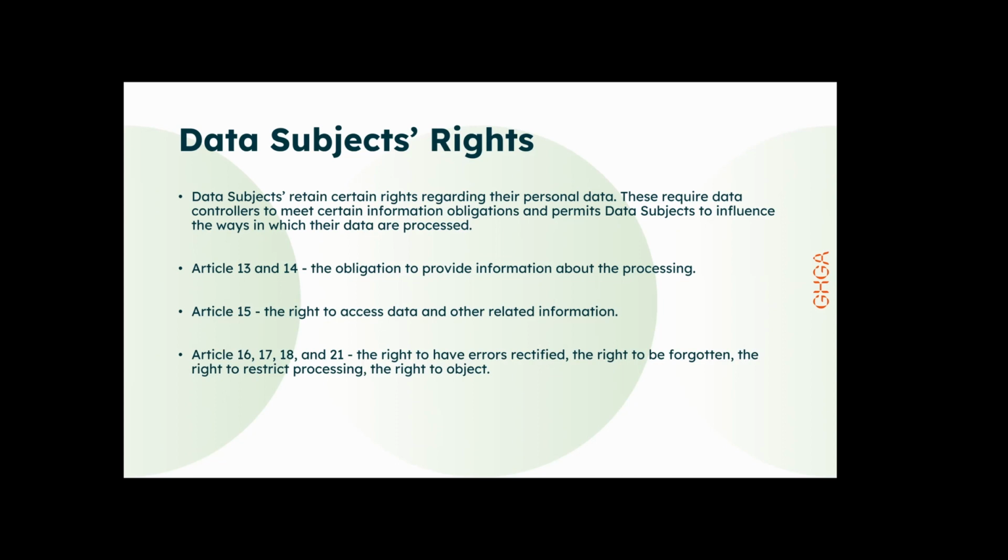You have the right to restrict processing in certain circumstances and the right to object to processing as well. So typically the restriction of processing would be something like you believe that the information that someone has collected about you is incorrect, or that they don't have a suitable legal basis in order to actually process that data.